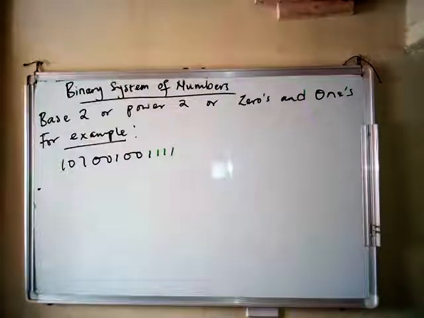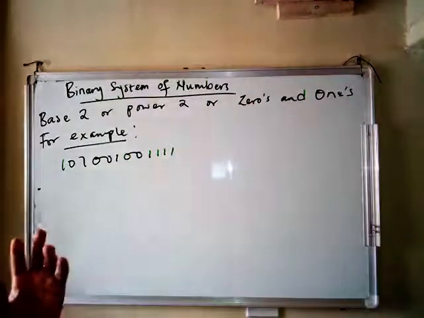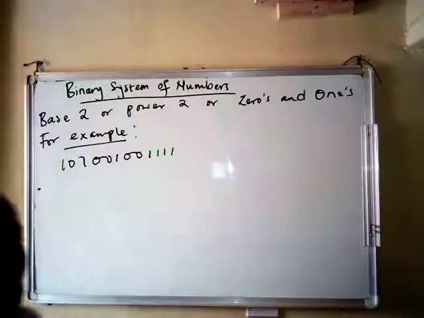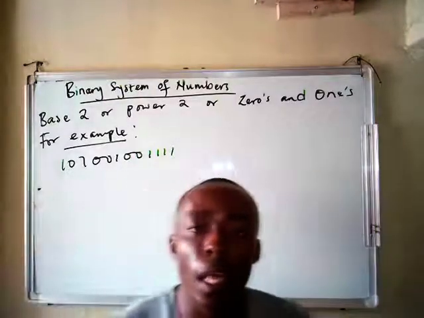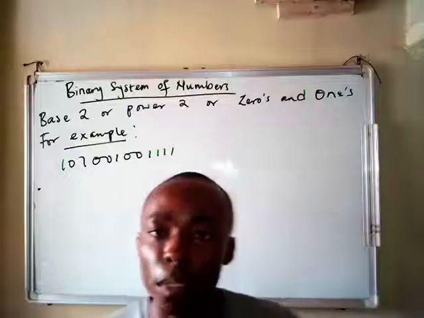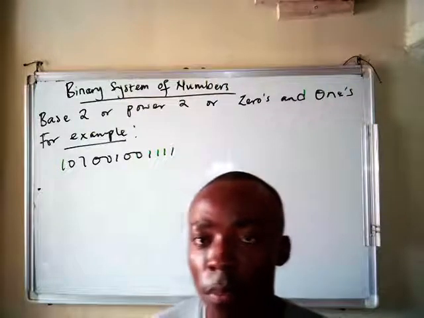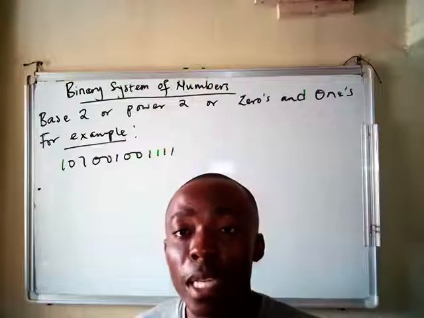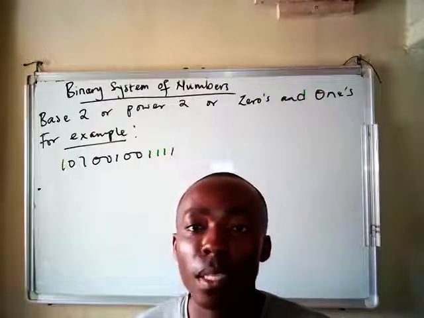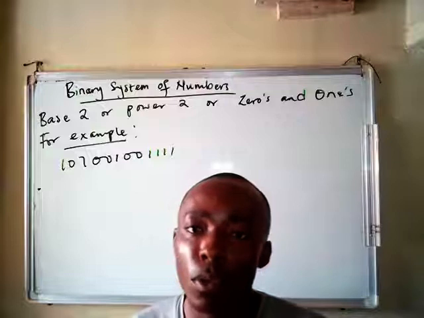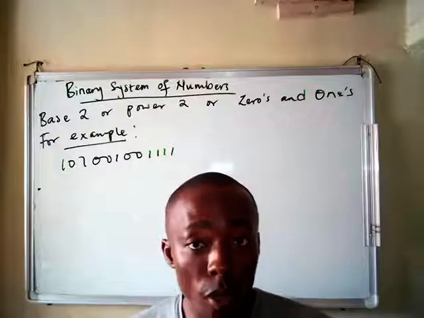So let's get on to the topic we have for today. In the binary system of numbers, you are talking about the value of some numbers with regard to two numbers. That's why it's called binary. The value of a string of numbers for just two numbers.